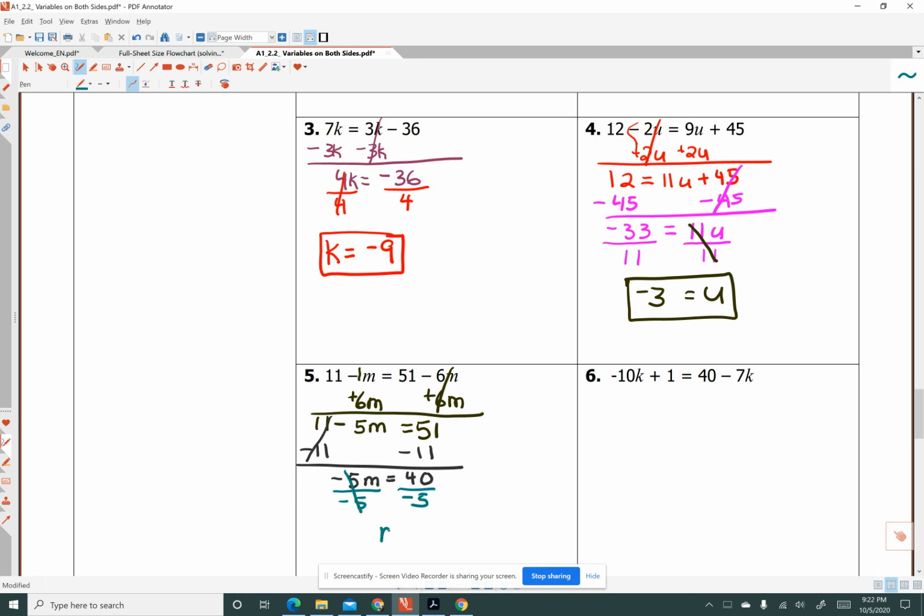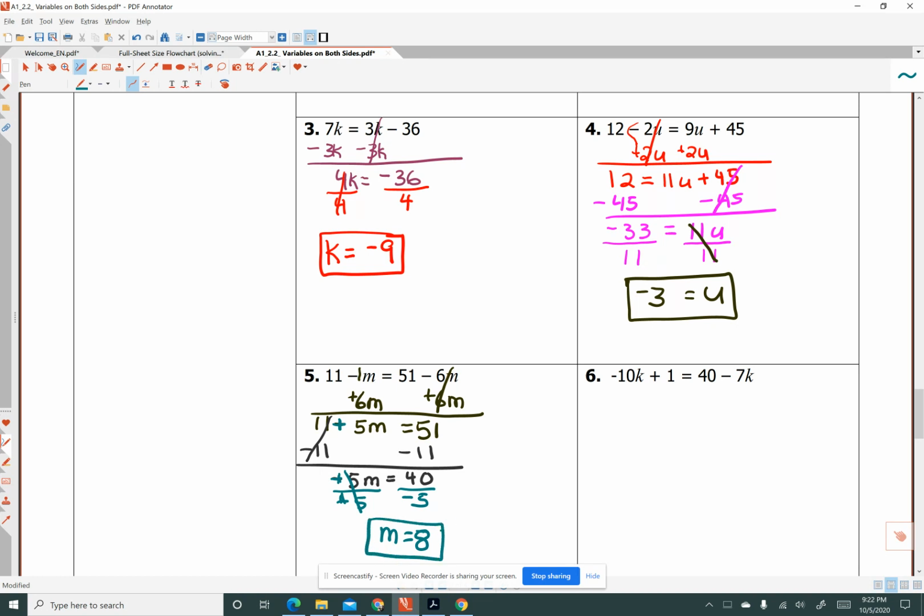And that will give me m equals negative 8. No, I'm dividing by positive 5. Sorry, this should be positive. So m equals 8. When I had negative 1m plus 6, this should be positive. And that makes this a positive 5. Dividing by positive 5 makes that a 1. M equals 8.